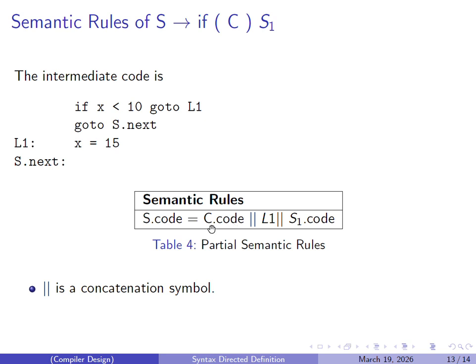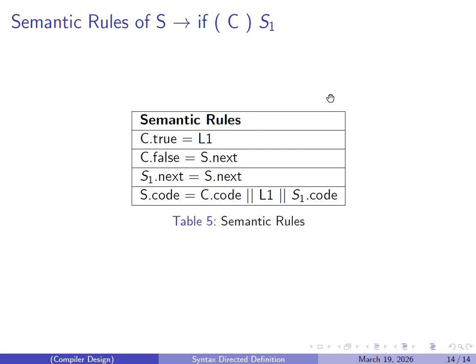So you're taking this code, you're concatenating it with the label L1. So C.code is going to be these first and second line, and L1 is going to be over here, which you're going to write. And then you're going to have S1.code, which is nothing but x is equal to 50. That is going to be represented in S1.code. Hence, once you concatenate this, you're going to get this entire intermediate code.